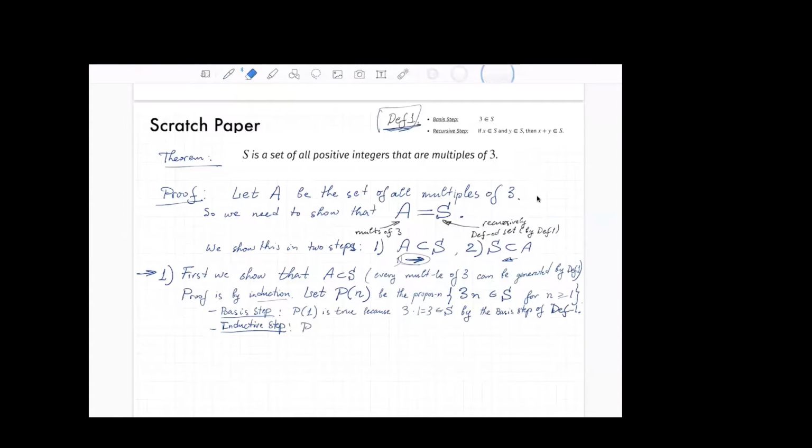So we must show that Pk implies Pk+1, right? So assume Pk. What does it say? Pk is true.